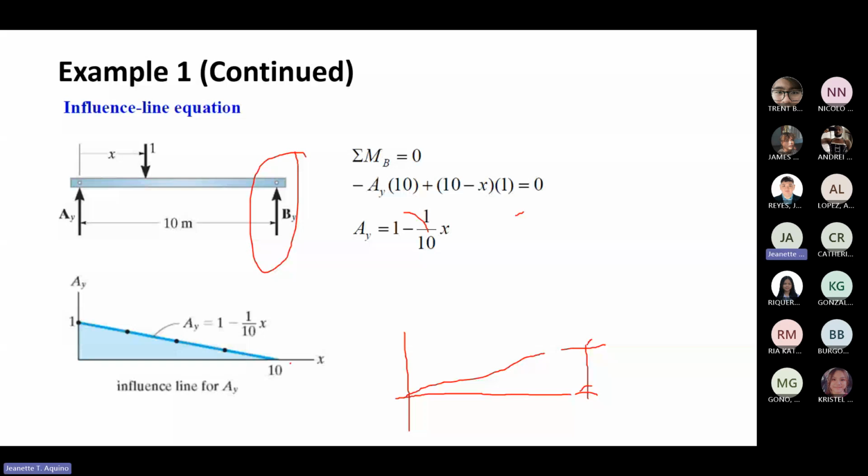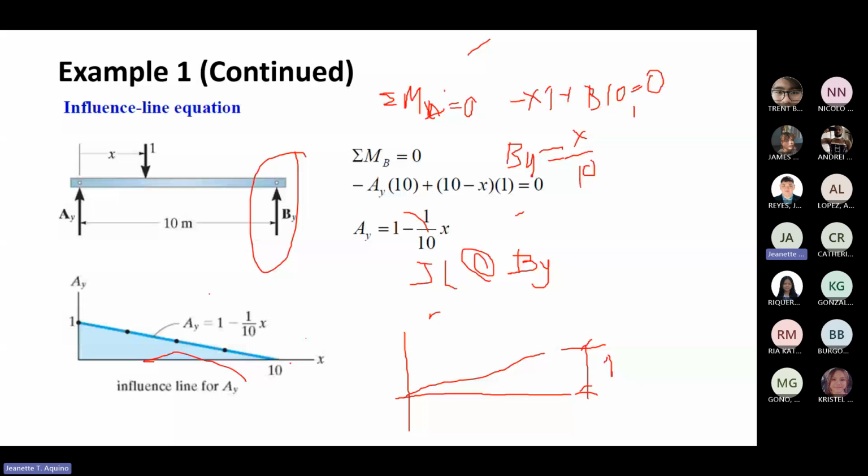So this will be the equation for the influence line at B.